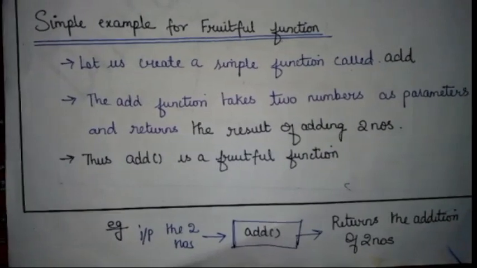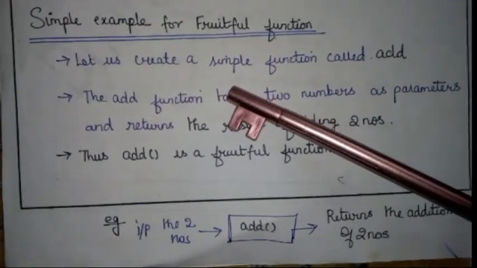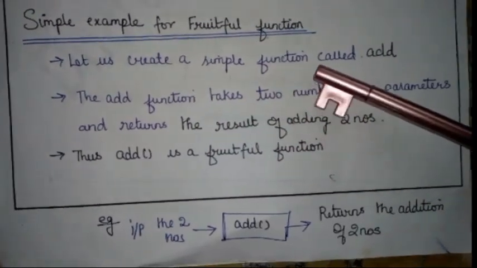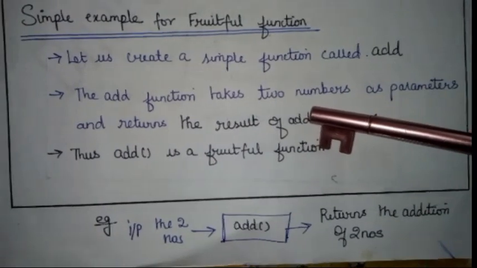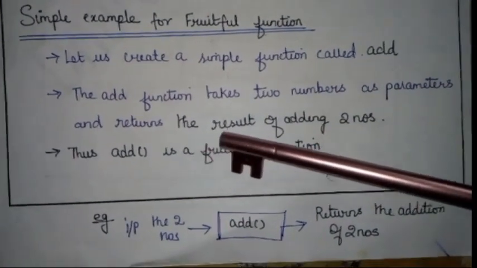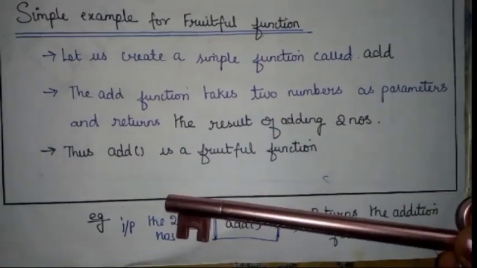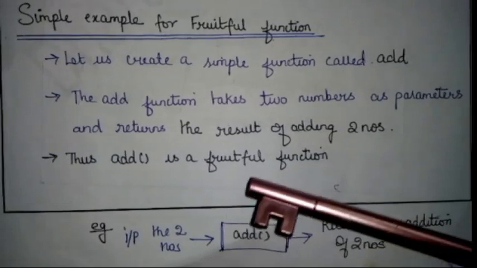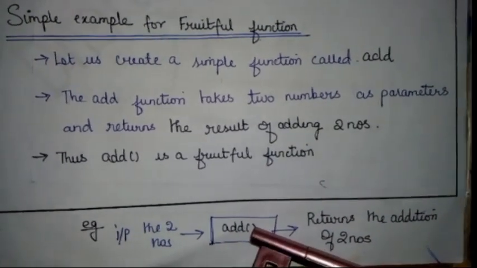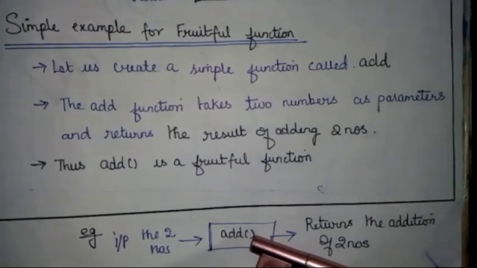Now let us see a simple example for a fruitful function. We are going to create a simple function called add. The add function takes two numbers as parameters and returns the result of adding the two numbers. Thus add function is a fruitful function. So this is going to be my fruitful function which has an expression c equal to a plus b.